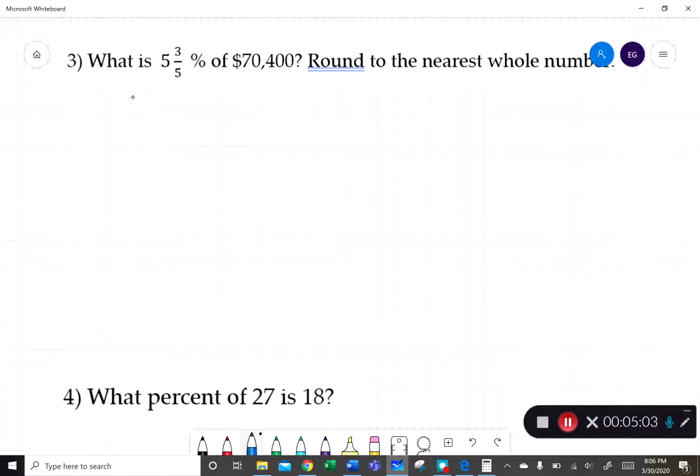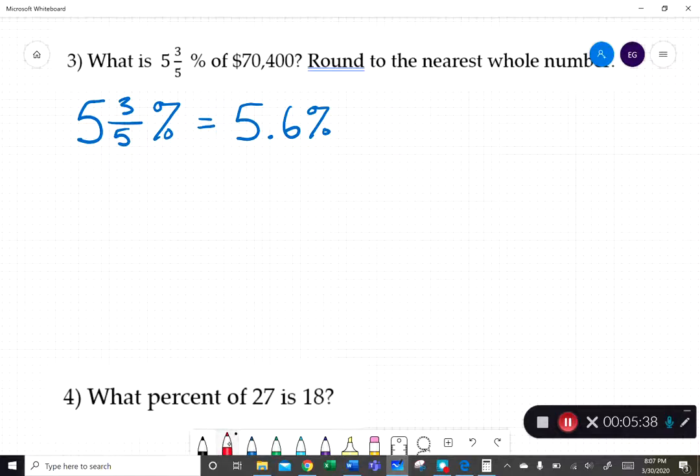So 5 3/5. Well, the 3/5, remember, fractions, like basically the word fraction means divide. So the fraction 3/5 means 3 divided by 5. And if you open up the calculator and you say 3 divided by 5, you get 0.6. So 5 3/5% is the same as 5.6%.